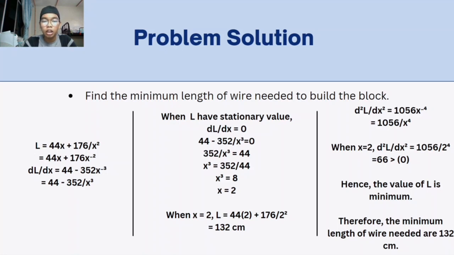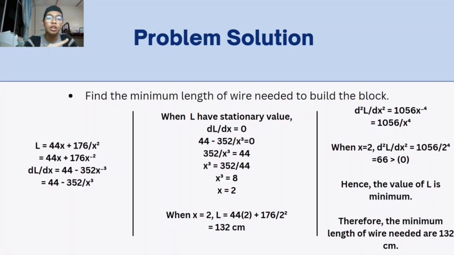But before that, we need to identify whether the x value will give us the minimum or the maximum value. Therefore, we need to differentiate it for the second time, and this will give us 1056 over x to the power of 4.